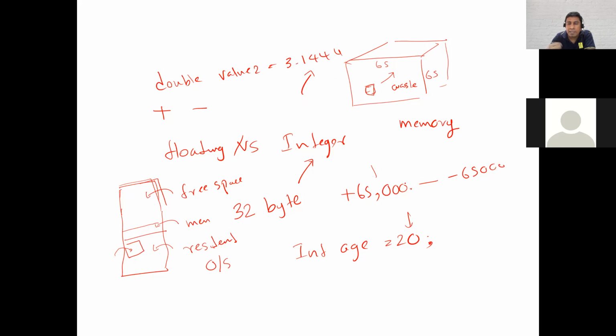See, these are integer numbers. So we have to use a float or double. Double means 64 bytes. So that's the story. Then you need a big box, a very big box.